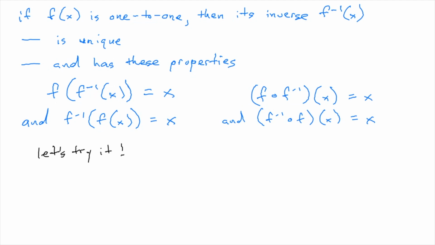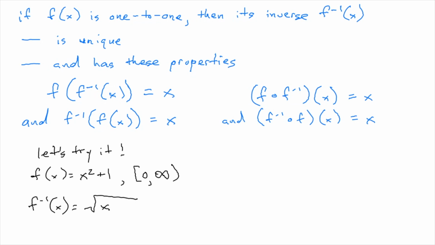What did we have? We had f of x equals x squared plus 1, and we had a restricted domain. And we figured out just a few minutes ago, using that algebraic technique, this is the square root of x minus 1. So let's do f of f inverse of x.